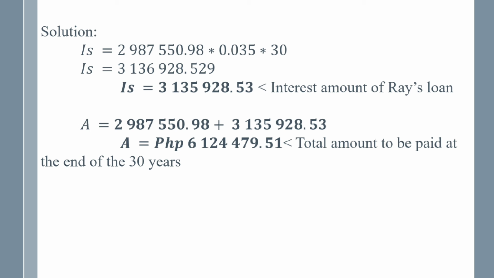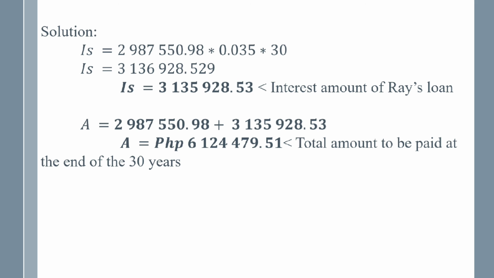First, let us substitute for the simple interest formula. Simple interest equals 2,987,550.98 pesos times 0.035 times 30, and that is 3,136,928.53. And that is the interest amount of Ray's loan.